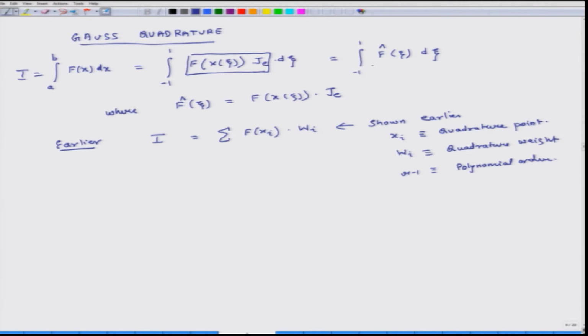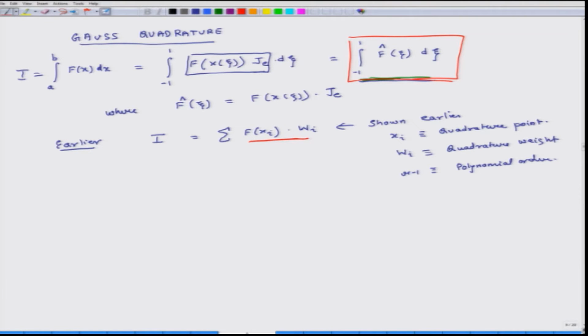So, this integral can also be expressed in similar terms, in terms of quadrature weights and the values of the function at quadrature points. What is f of xi? It is the value of that function at the quadrature point.